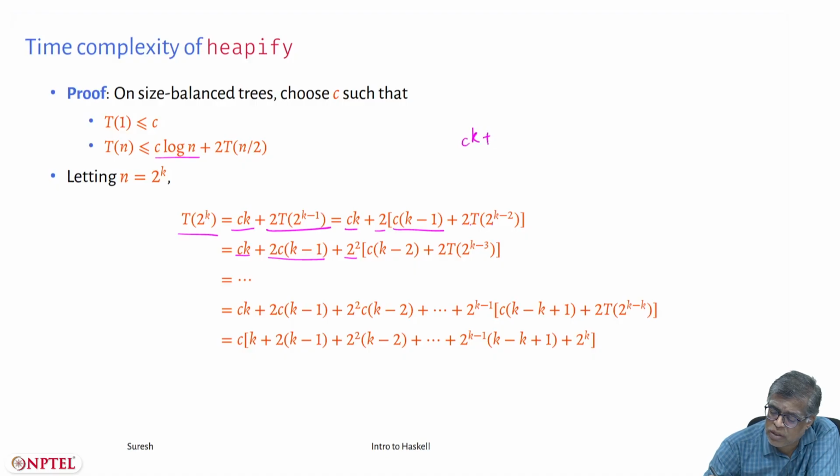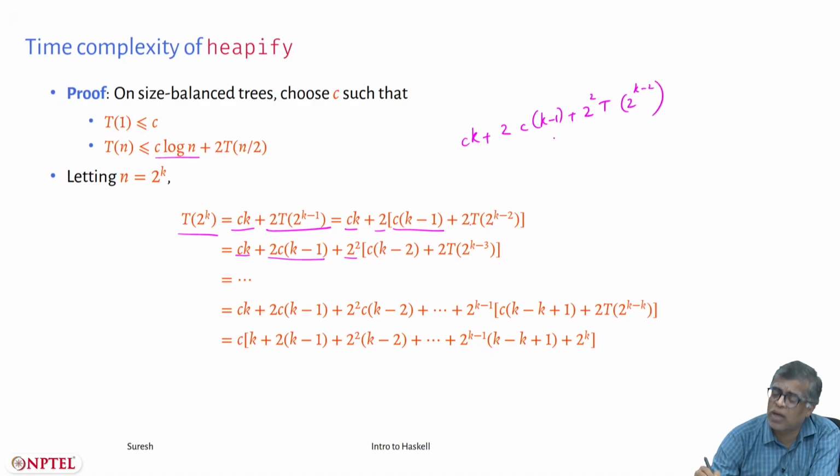So ck plus 2c(k-1) plus 2^2 T(2^(k-2)), but I can expand T(2^(k-2)) again.